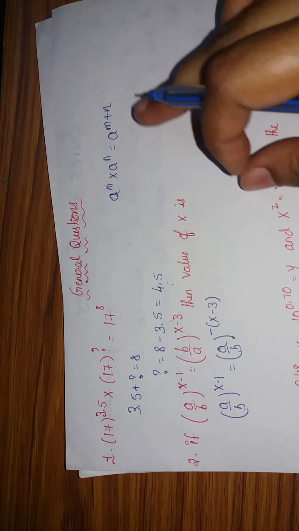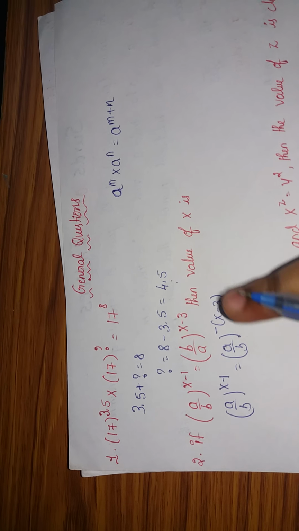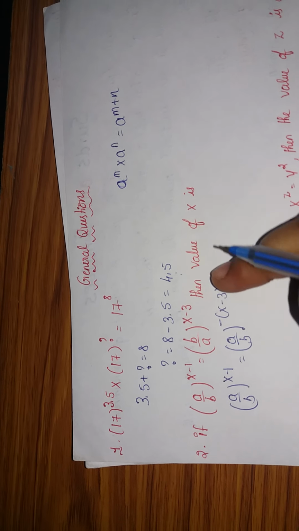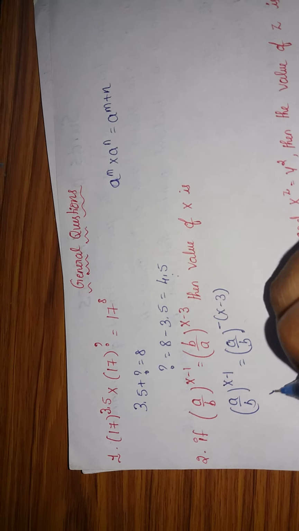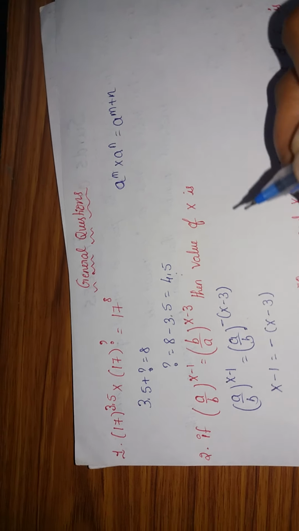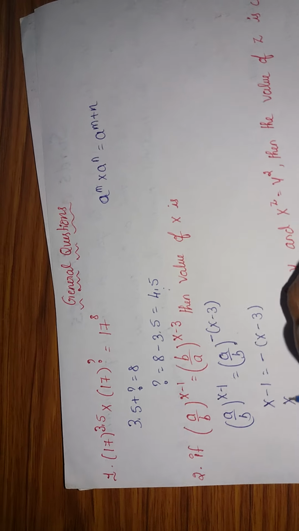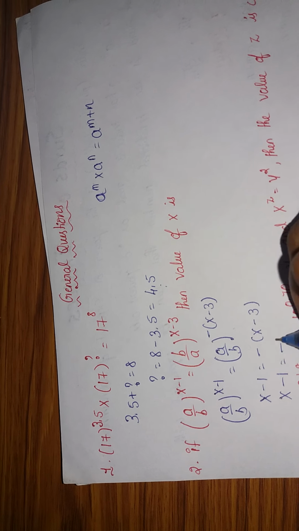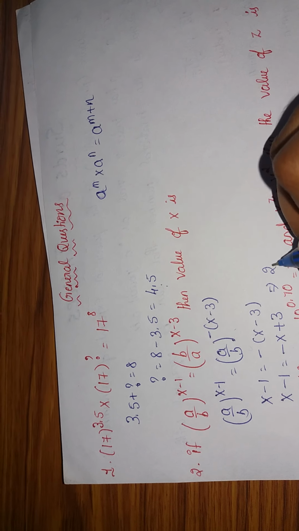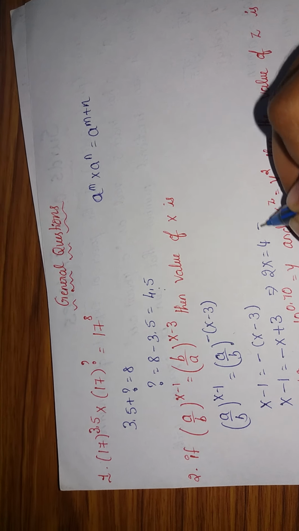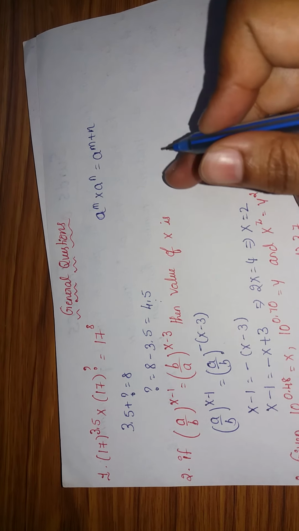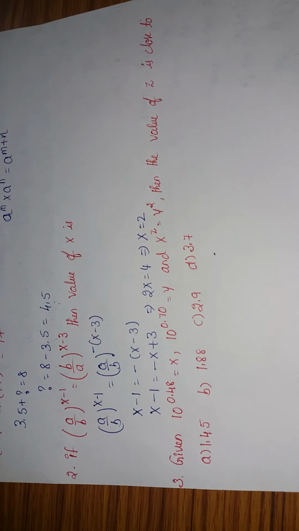So by the same formula, as the bases are equal, exponents must be equal. So x minus 1 is equal to minus of (x minus 3). So x minus 1 is equal to minus x plus 3. That implies 2x is equal to 4. That implies x is equal to 2. So the value of x is 2.